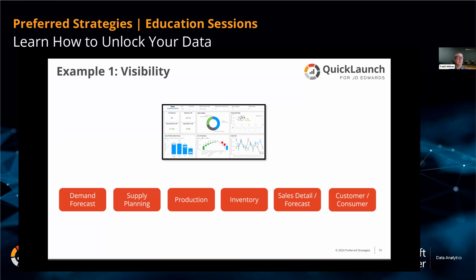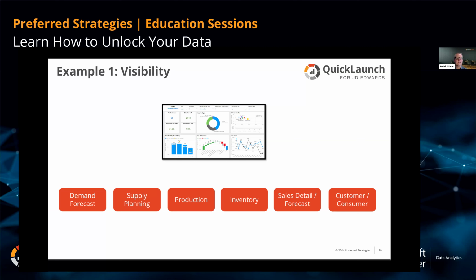You see here a high-level look at that, where we were pulling all data into one spot, from demand data, supply planning, time series data, production data of all sorts, inventory data, and finished goods components on hold, whatever the key attributes were that were important for understanding visibility across our entire supply chain, all accessible in one place.